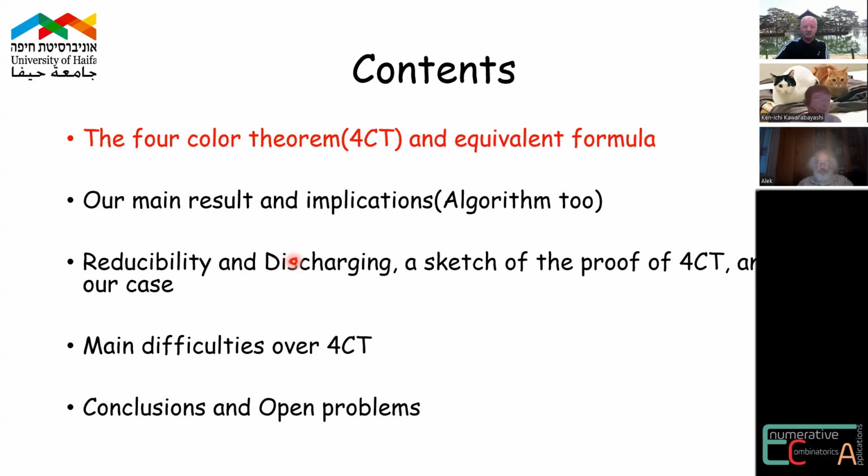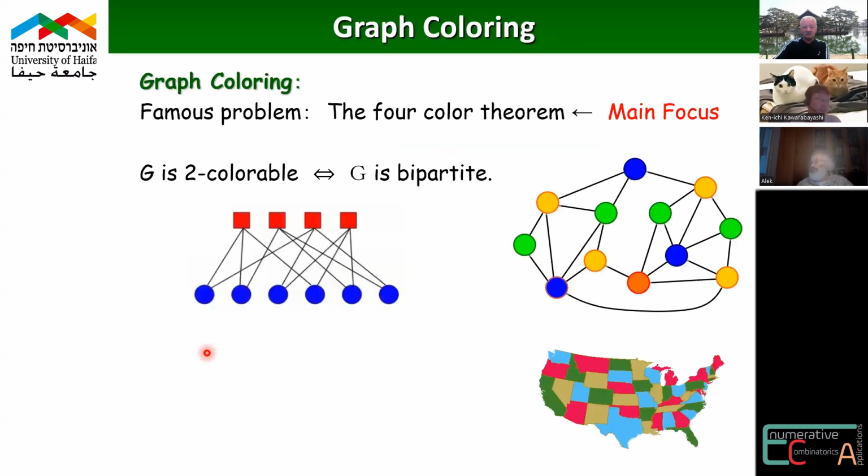And if I have time, I want to talk a little about the main difficulties, because our result is more general than the four color theorem, so there are some difficulties beyond it. And finally, I'd like to talk about some open problems and some ongoing projects.